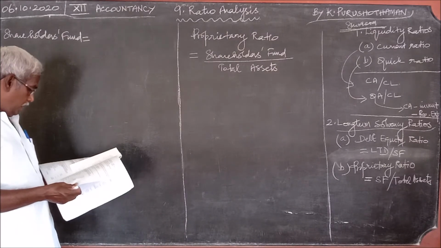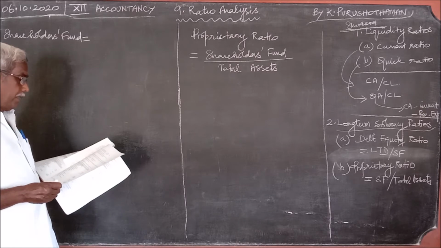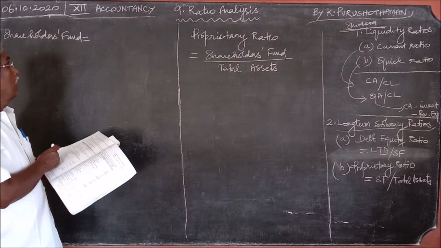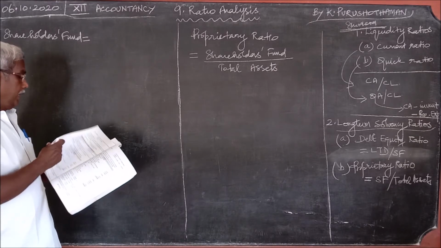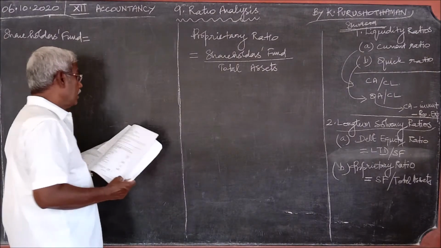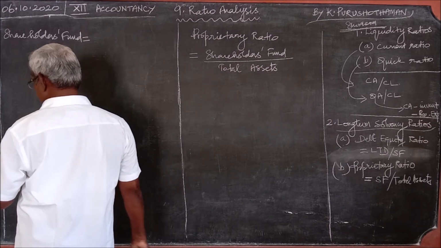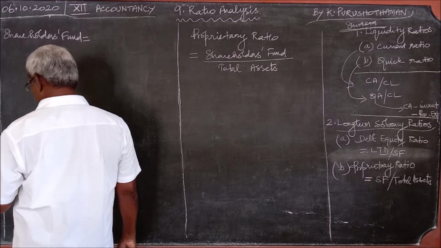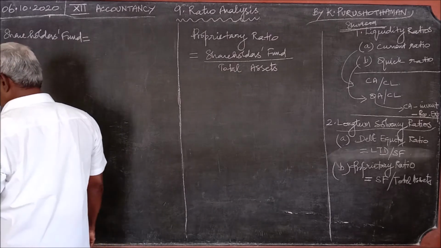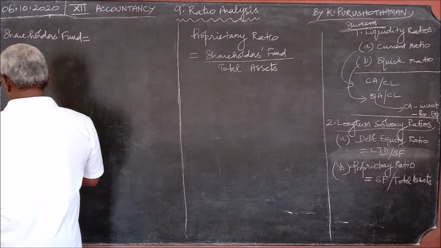Even in the book you can find, see the shareholders fund is taken as the second item for the proprietary ratio. Okay, then you see what is the shareholders fund? Shareholders fund, as I said, equity share capital, preference share capital, and reserve and surplus. These are the three items. So in this problem, all the three are given.